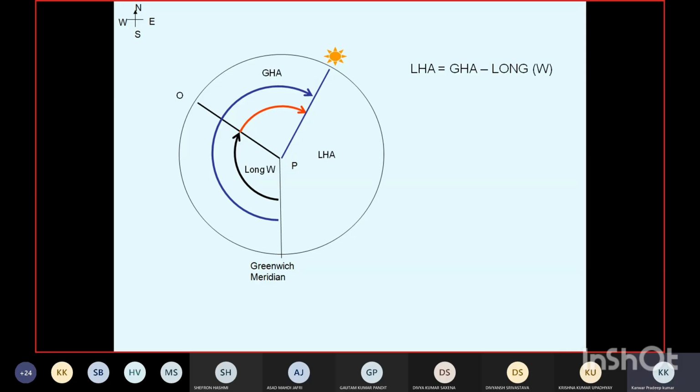LHA is equal to GHA minus west long. So if you know LHA and GHA, you can find the longitude. Very simple. GHA you will get from the almanac. LHA, how will we get it? Anyone?